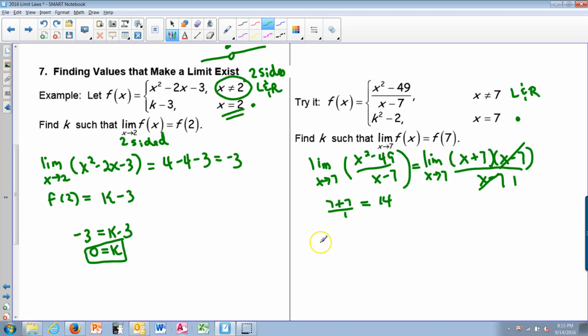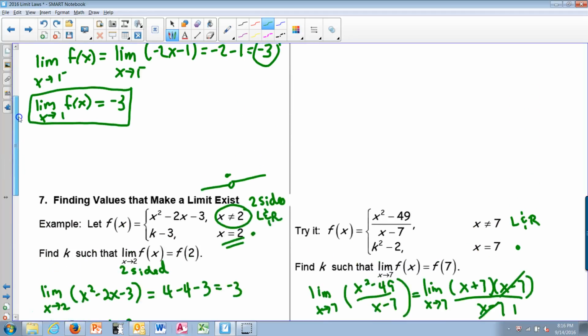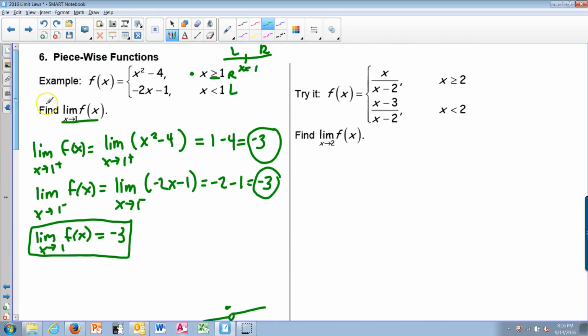Now the function value at 2 is this bottom piece, and that's k squared minus 2, not x squared. Notice that my function notation here never has an x value in it. Even when we were doing other parts, when we were doing a function value, once we substitute in, so if I were doing f of 2, f of 2 is defined using this piece, which would be 2 over 0.